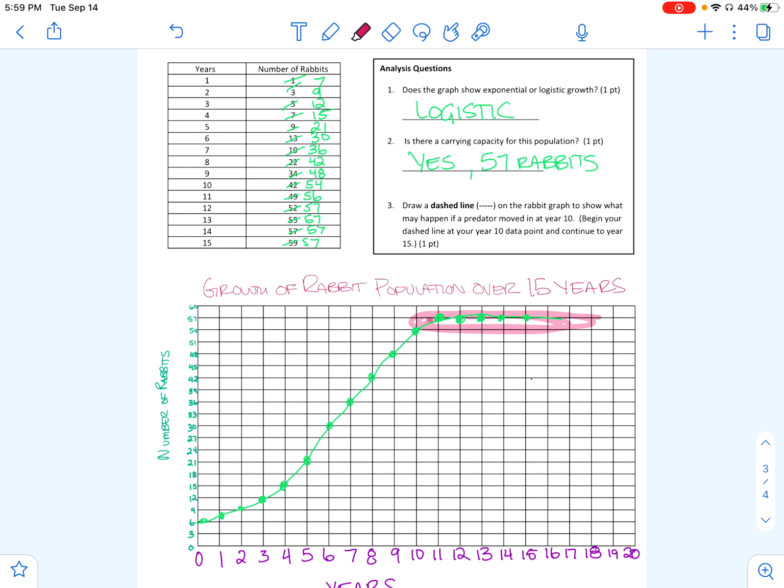For at least 5 years. So that would be a pretty obvious logistically growing population. They stopped growing and they're maintaining that number for definitely a few years. So then the next question, since it's logistic, does it have a carrying capacity? Yes, it does. It would be 57 rabbits. That's where it stops growing right there.